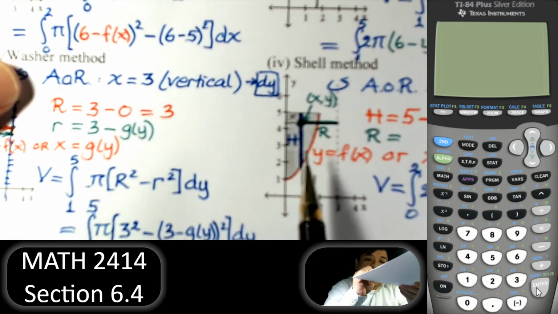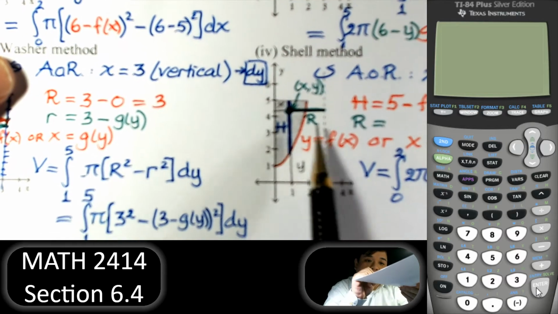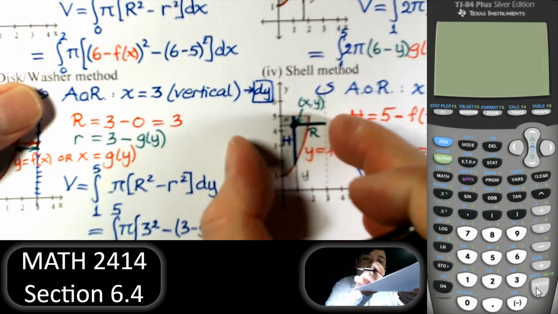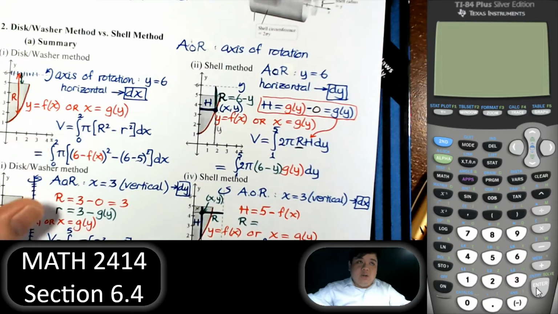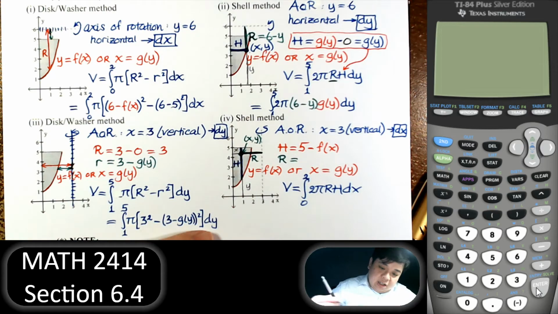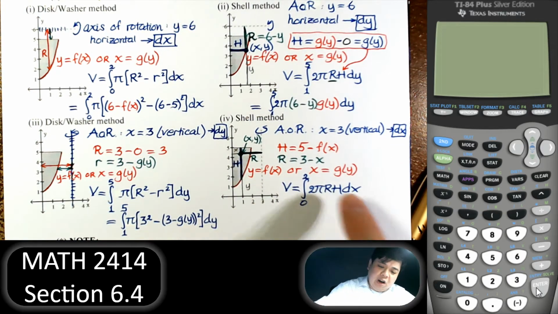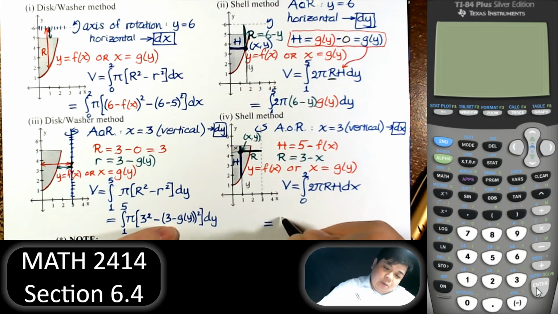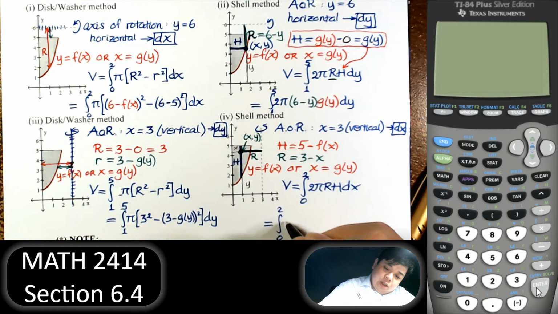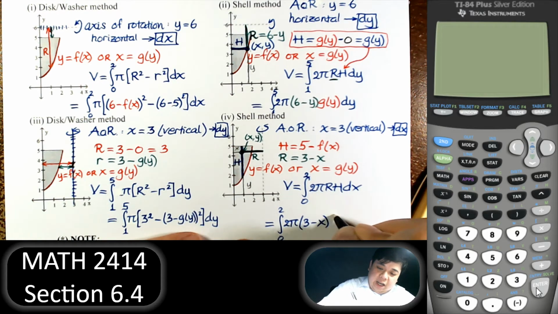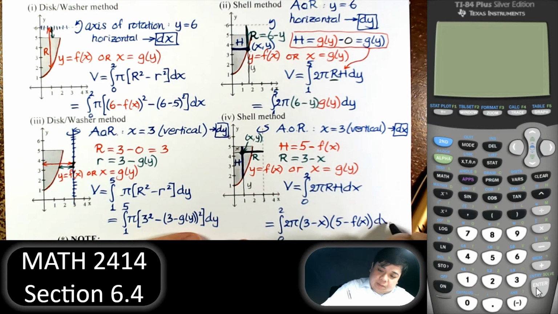So x is the distance from that point to the y-axis, and since the whole thing is 3, take out x, so r is the whole thing 3 minus x. And we subtract them. So finally put in here, the integral will be 0 to 2, pi, the radius 3 minus x, and the height 5 minus f of x, dx.